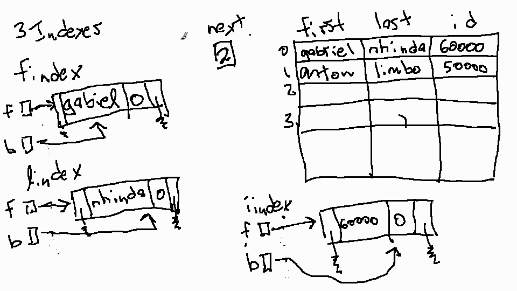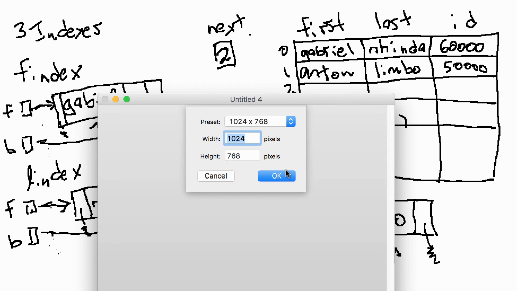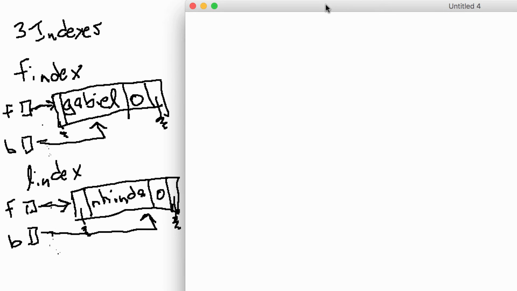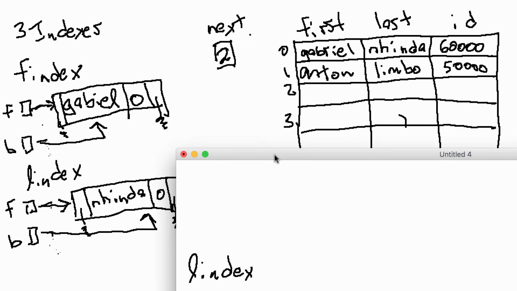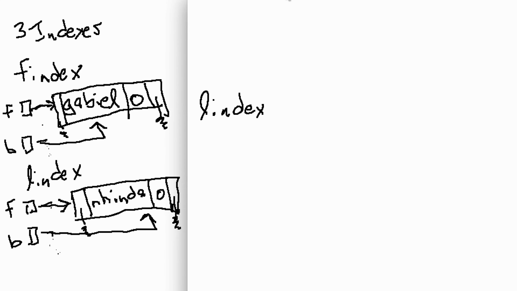Okay, now what I want to do is talk about what's going to happen over here on the L index. So here's L index. And the last name index, we just inserted the last name was Limbo, L-I-M-B-O.